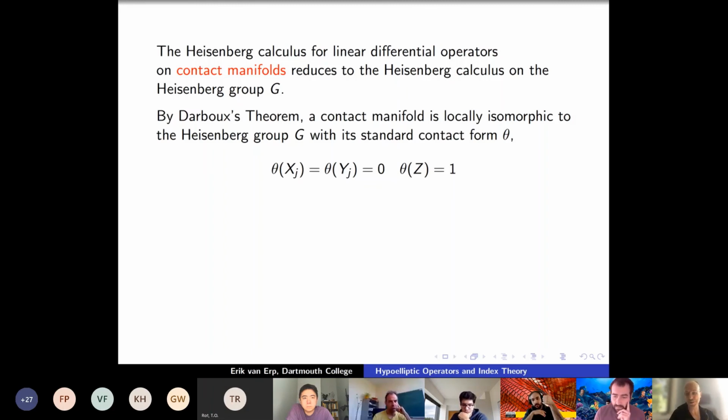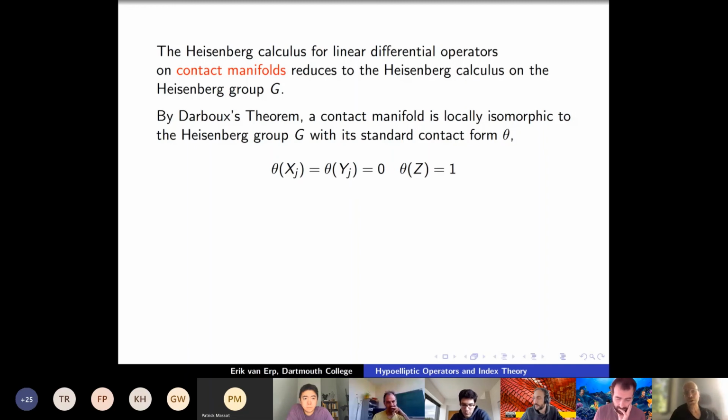I'm not sure. Yes, sometimes we say Darboux-Pfaff, but I define a contact manifold like this, so this theorem is a definition of a contact manifold. Okay, good. I wasn't 100% sure if this is also referred to as the Darboux theorem, but I'm glad to hear it is.